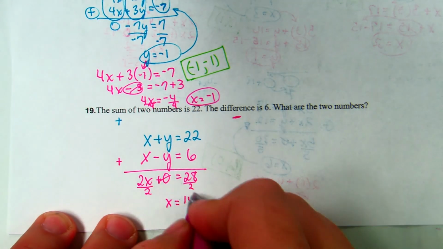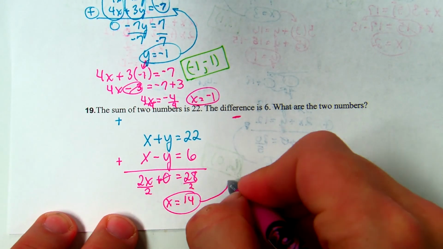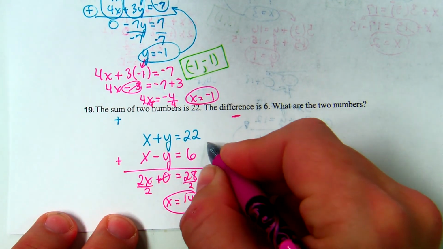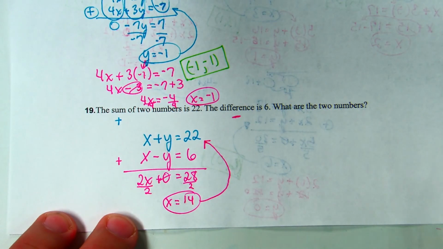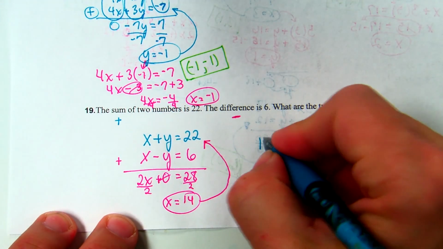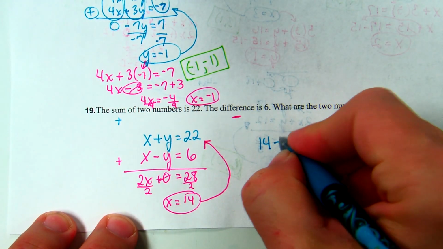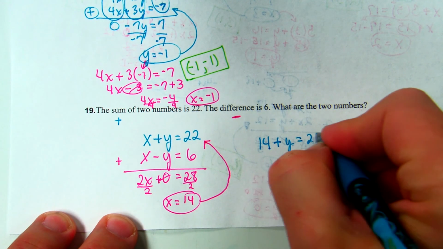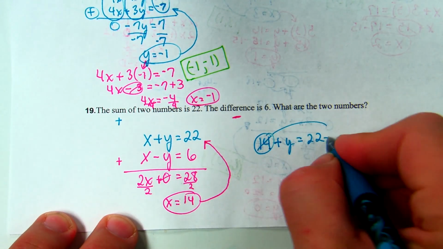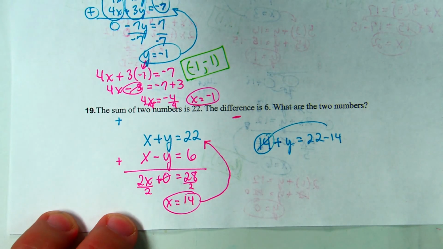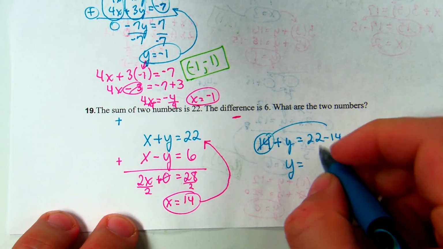I'll plug that 14 into the top equation because that's the one that's positive for y. So then I have 14 plus y equals 22. I'm going to move this 14 over here, so I subtract 14 from both sides. y is going to equal 8.